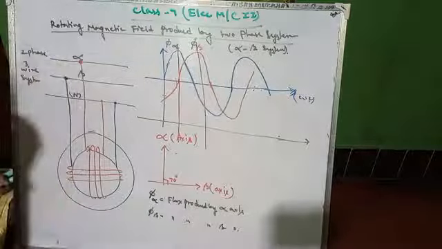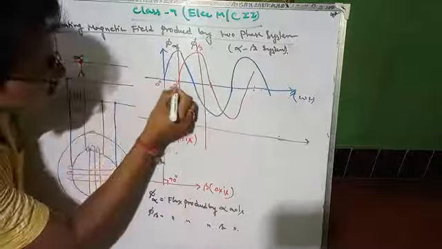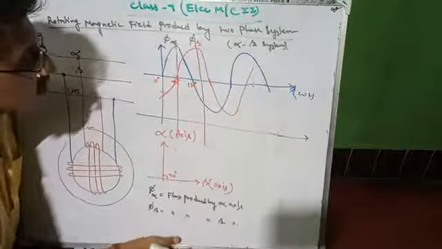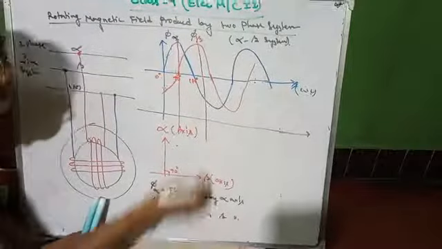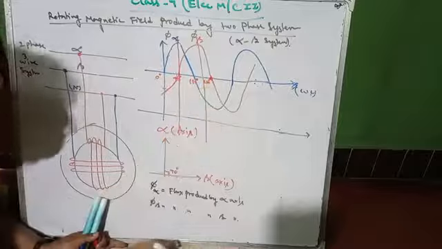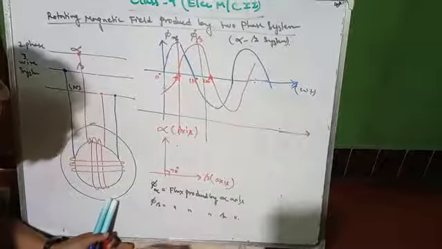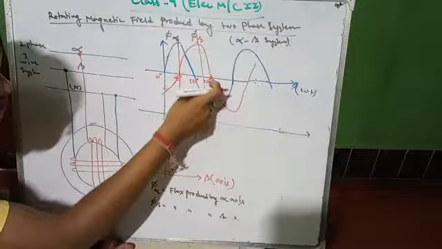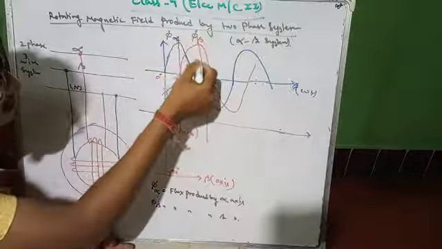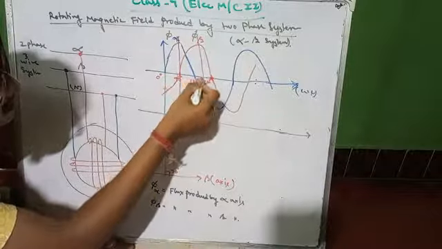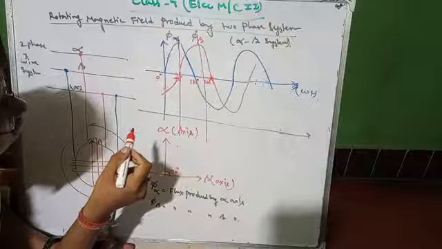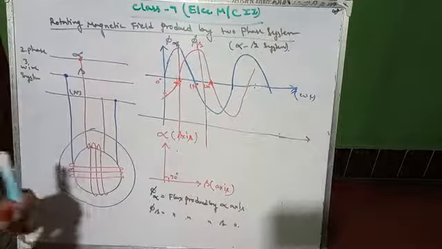See, it is 0 degree, 90 degree, 180 degree, and then 90 degree phase shifted, that is 270 degree. So this point is 270 degree. 270 means 180 plus 90, and at that situation it will be maximum.